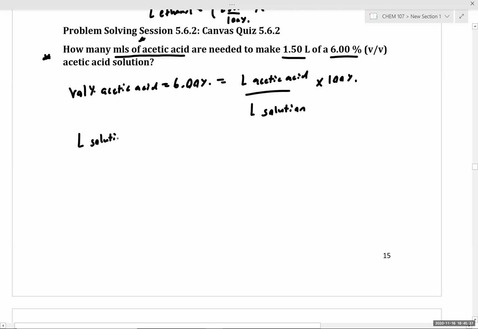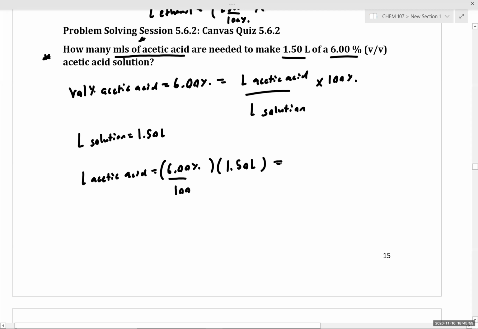And we know the volume of our solution is 1.50 liters. So then the liters of acetic acid are equal to 6.00% over 100 times the volume of solution, which is 1.50 liters.